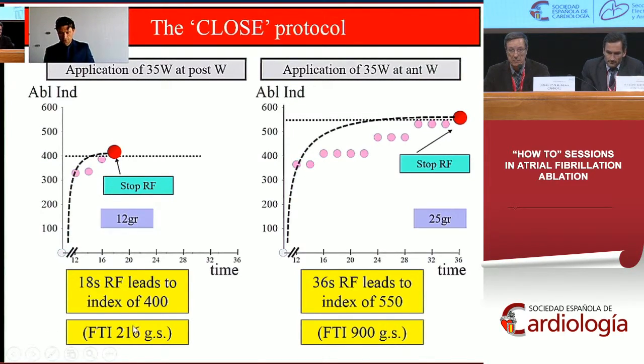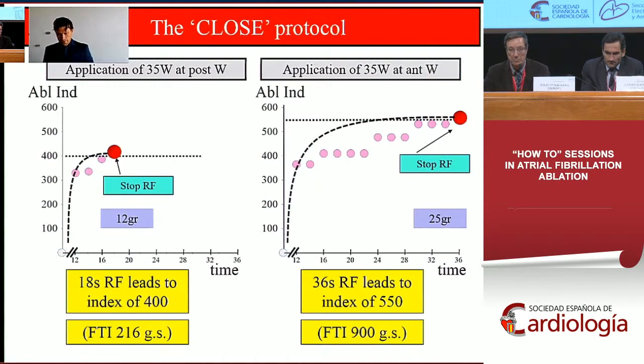Imagine you would have used FTI only, you would have continued and continued and continued. An example of the 35 watts at the anterior wall, 25 grams, you can stop after 36 seconds. Imagine you would have stopped at an FTI of 400, it would not have been enough. So we are clearly changing our workflow.